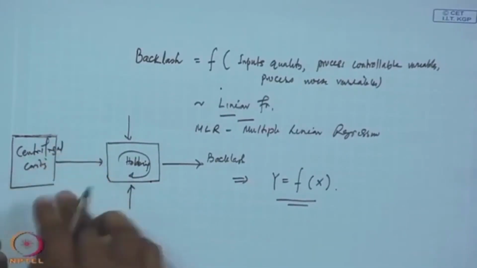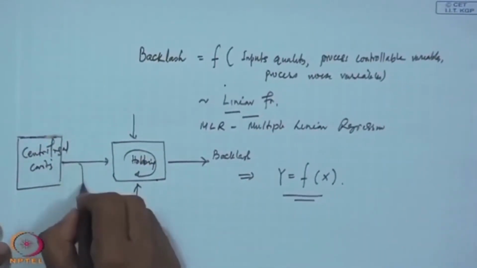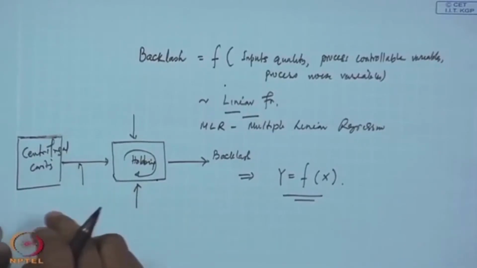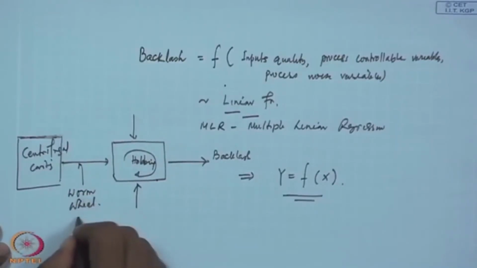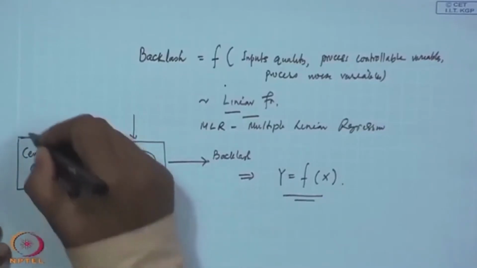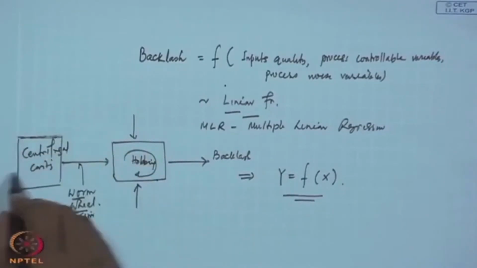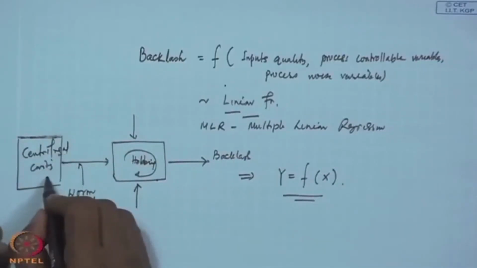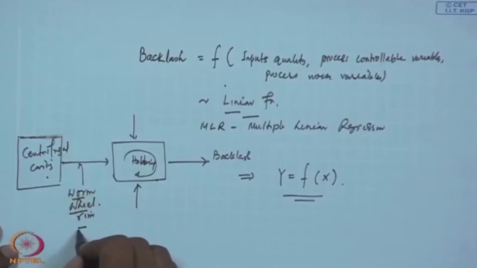Centrifugal casting is one process which basically produces the worm wheel rim, and depending on the process conditions and input to this centrifugal casting process, the quality of the worm wheel will be determined.